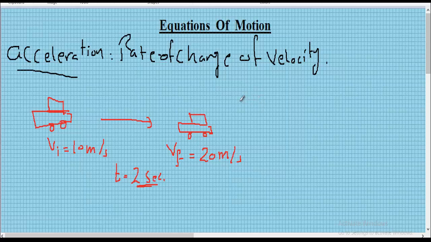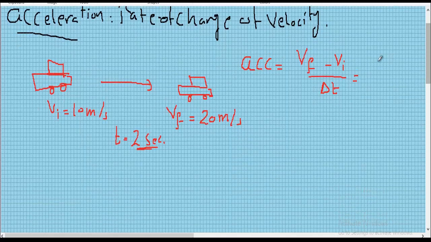Okay, and if you want to calculate the acceleration here, acceleration equals final velocity minus initial velocity over change in time. In this case, it will be final velocity, which is 20, minus initial velocity, which is 10, divided by change in time, which is 2 seconds.